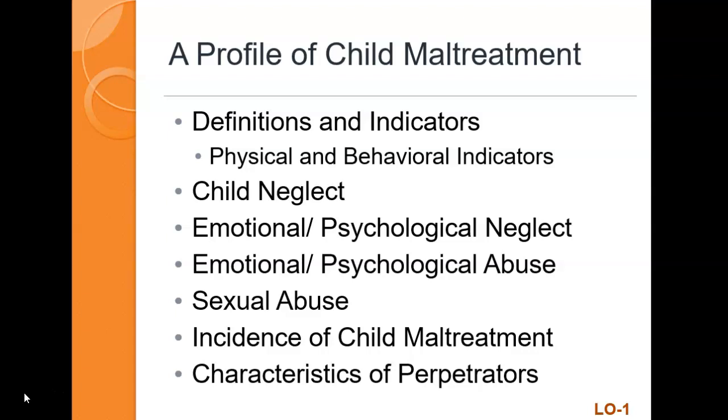We also know that boys have a higher child fatality rate overall than girls. And the rate of African American child fatalities is about 2.5 times greater than that of white children.